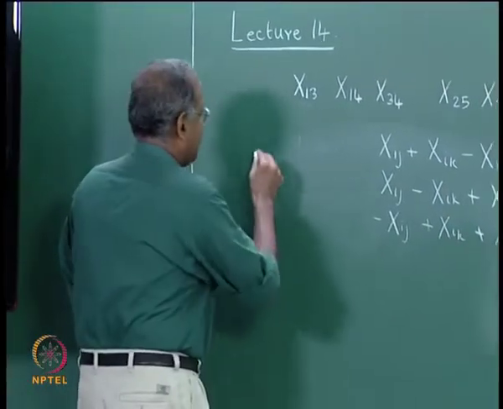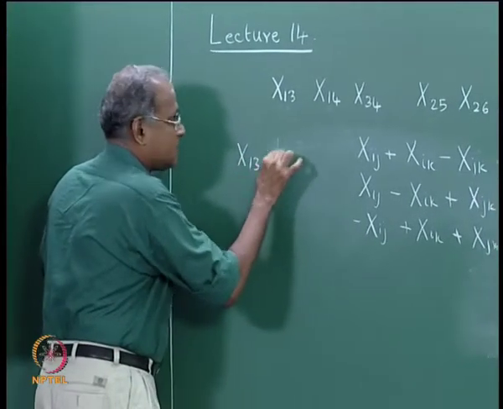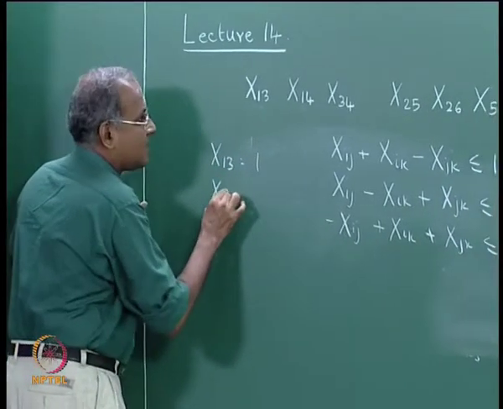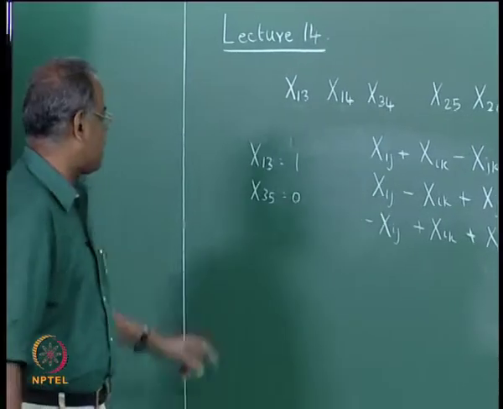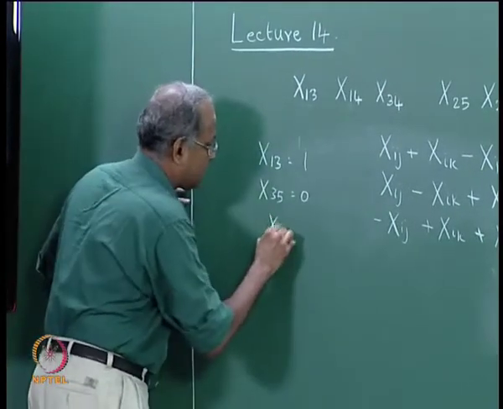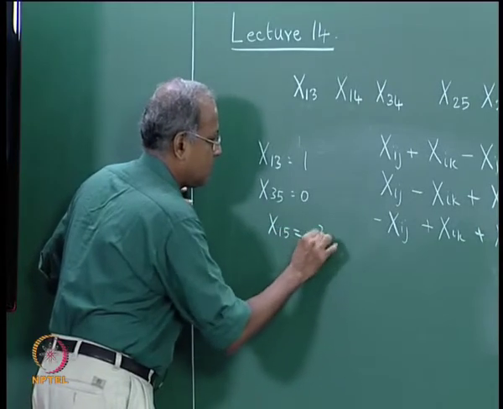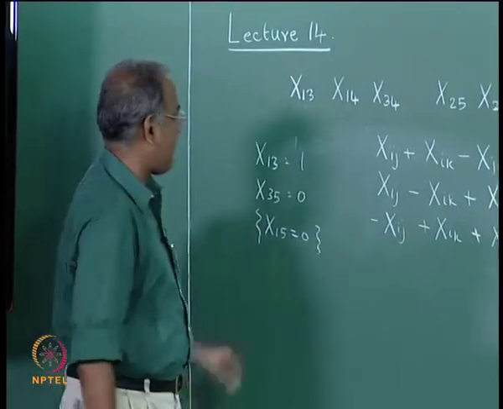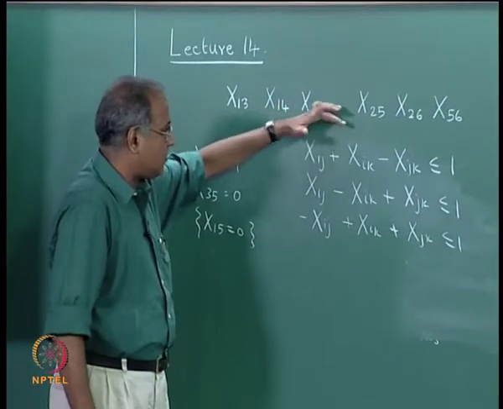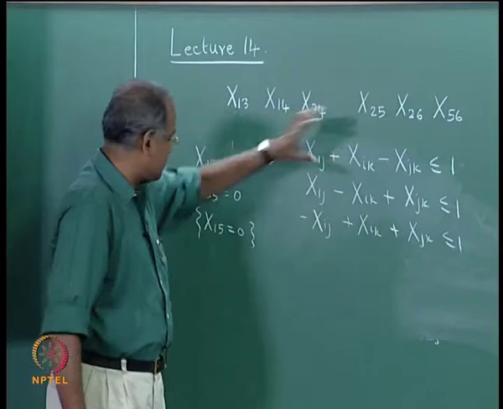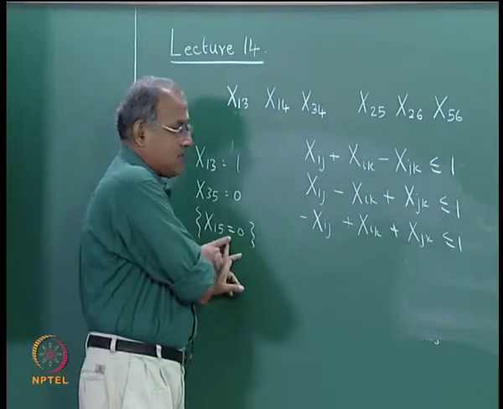Now, let us look at the other case. x13 is 1, x35 is 0. Therefore, it should force x15 also to 0. So, 1 plus 0, 1 plus 0, this should force x15 to 0.